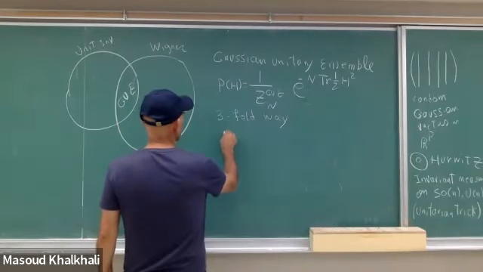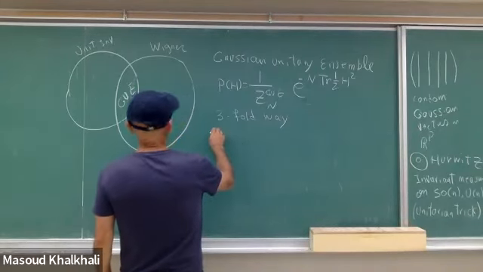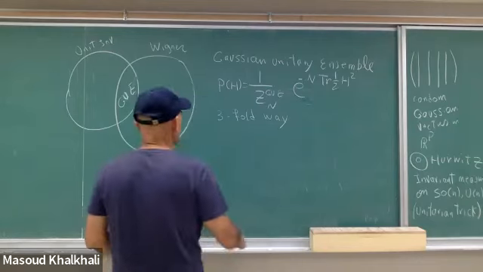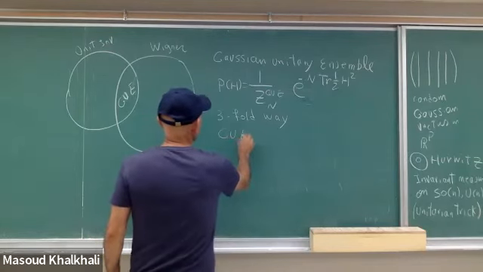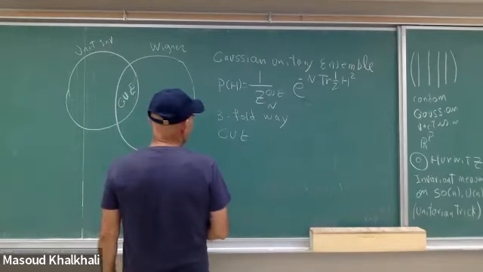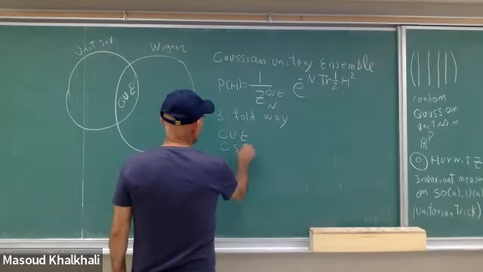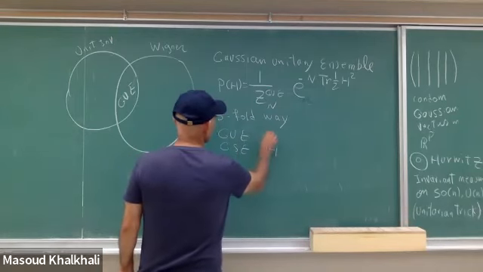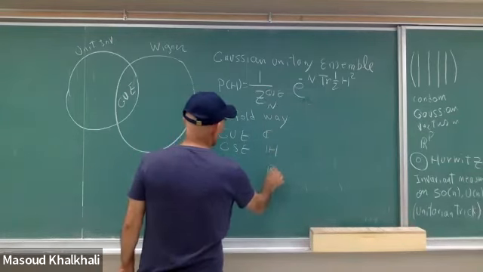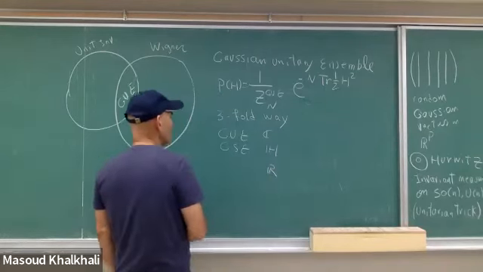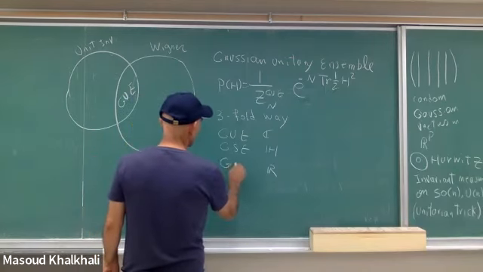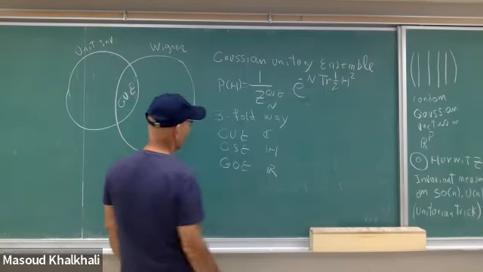So we have the Gaussian unitary ensemble GUE, which has to do with C. We have the GSE, which is the Gaussian symplectic ensemble, which has to do with quaternions H. And there is a class that has to do with R. It's called GOE, by the way, the Gaussian orthogonal ensemble.